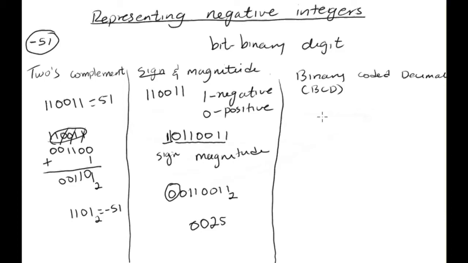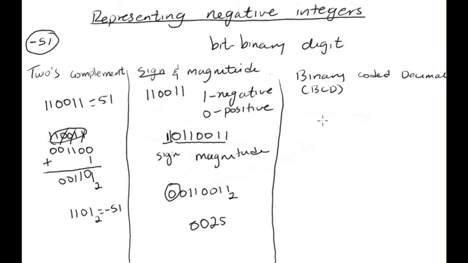What do I mean by that? Well, the number 51 comprises a 5 and a 1. So we have to convert 5 into binary, and then we have to convert 1 into binary. Right? But there's a catch. You have to indicate it in 4 bits.